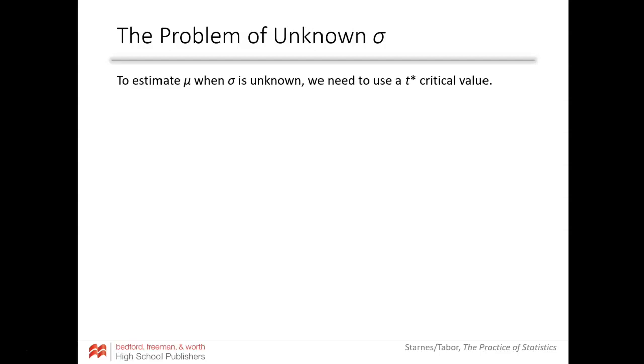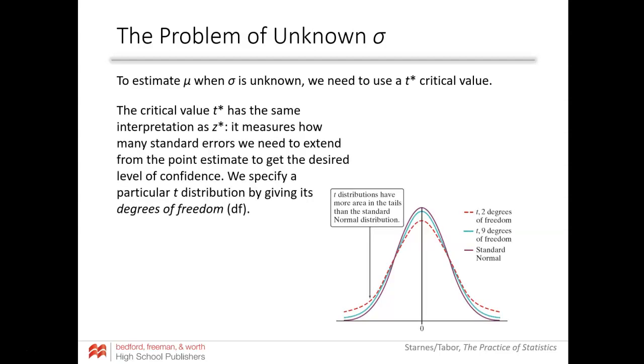All right, so what we're going to do instead of finding z star, we're going to find something called t star. And it is the critical value based off of a t distribution. And I think this graphic really helps. So the purple distribution, that's our standard normal distribution.